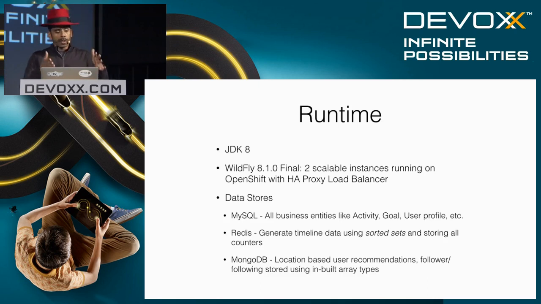In terms of data store, as we talked about, we were using 3 different data stores. We could have used maybe 2, but we thought, what is the best design pattern that we want to highlight out of this? For example, all the business activities like user information, activity, and goal, where we want to do queries and things like that, were all stored in a traditional RDBMS database.